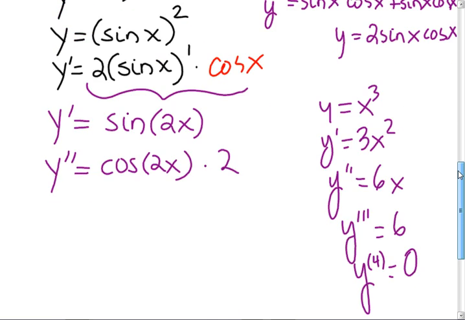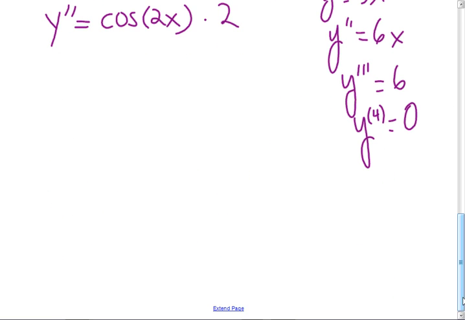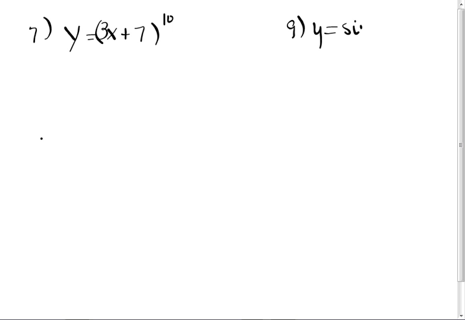Okay, so let's look at, I'm going to add a page, and we're on page 189. I'm going to copy some of the problems up here. We are starting with 7, to be able to do 9 now.